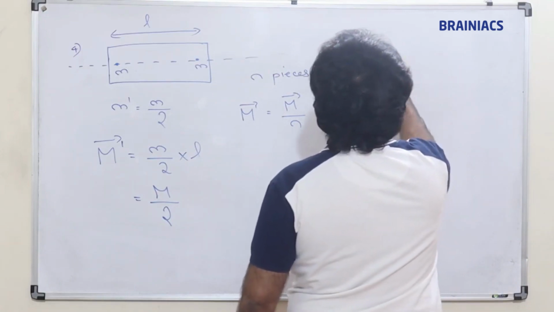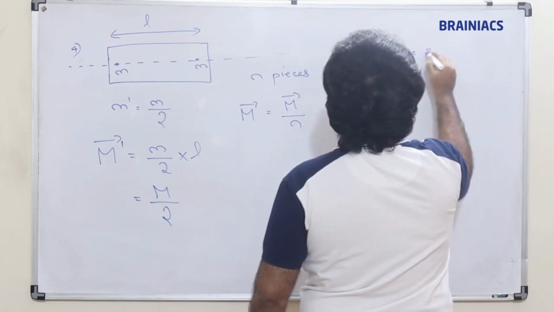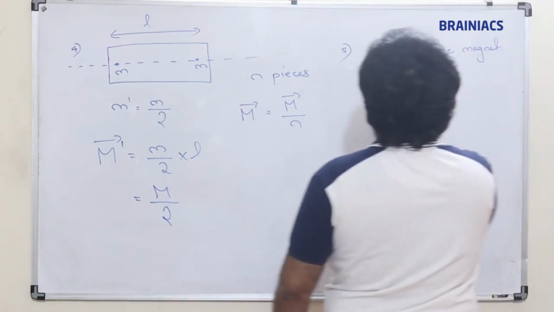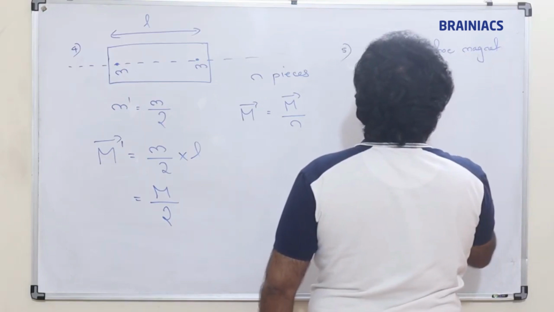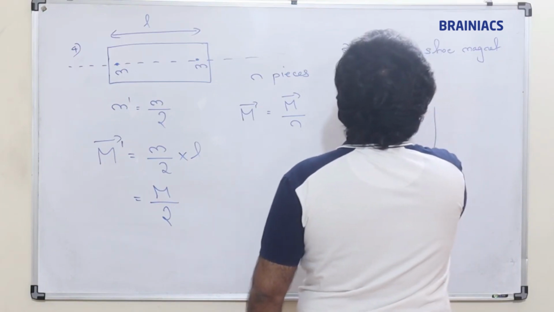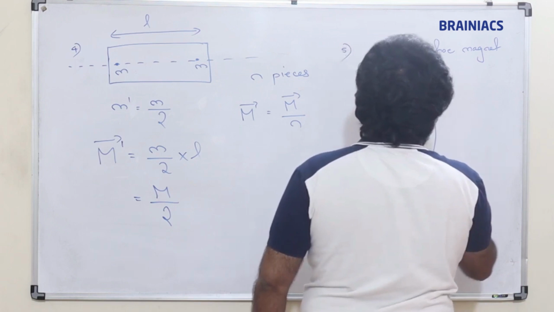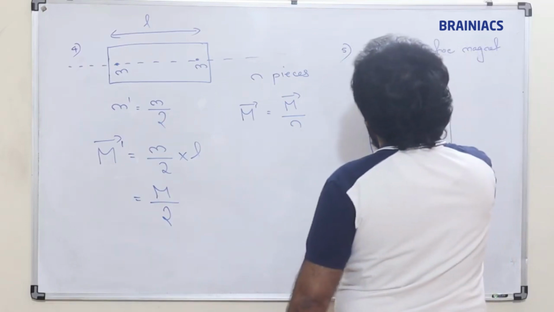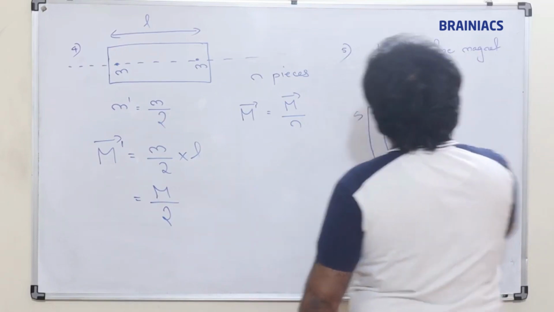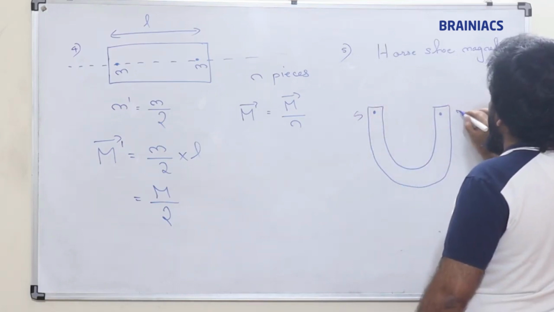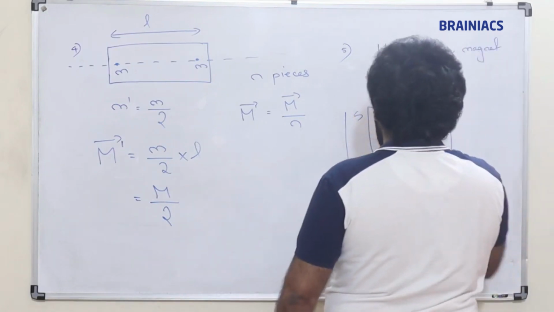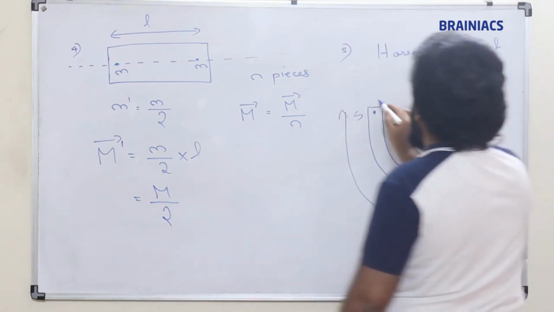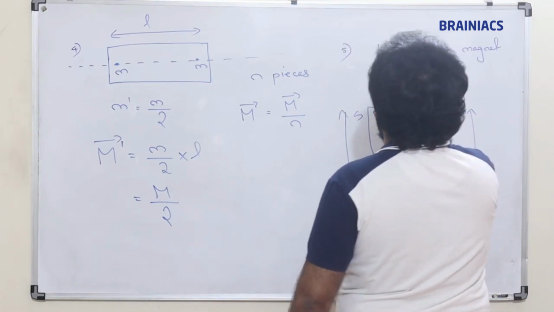Fifth point is horseshoe magnet. Suppose we consider a horseshoe magnet, that is in the shape of a horseshoe. Suppose this is south pole and this is north pole, and we know this length and this length.